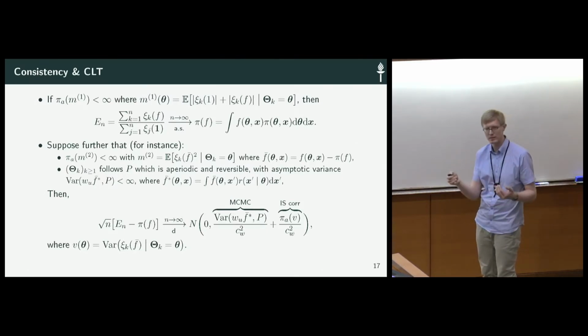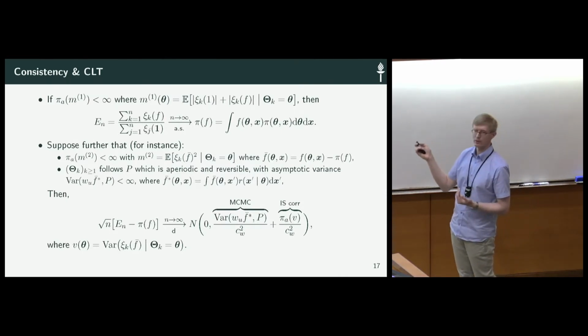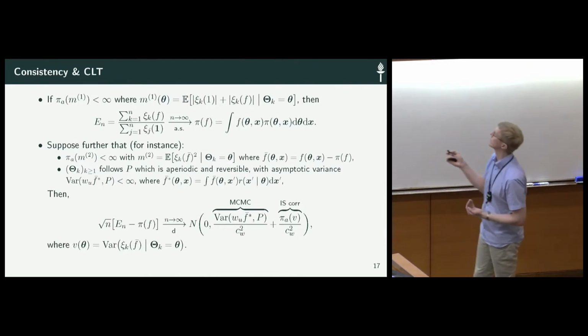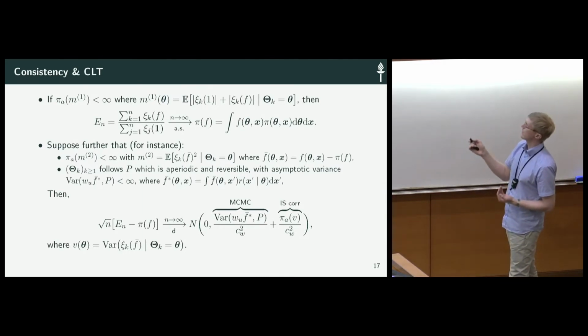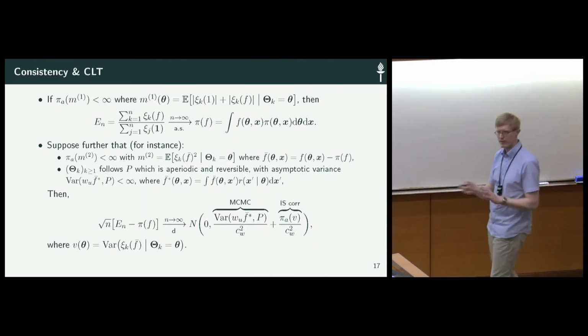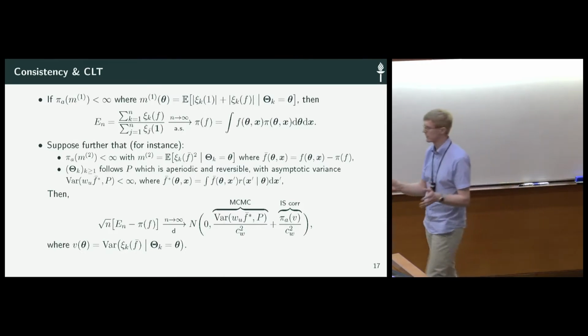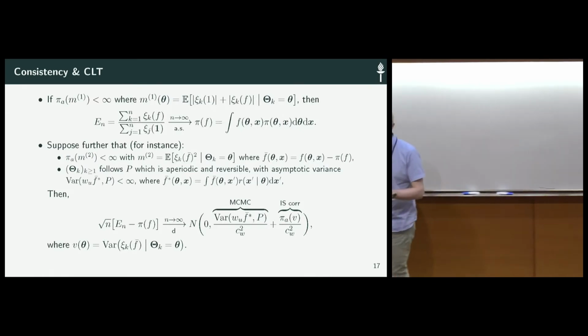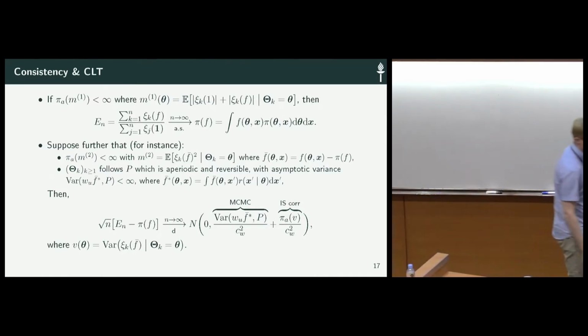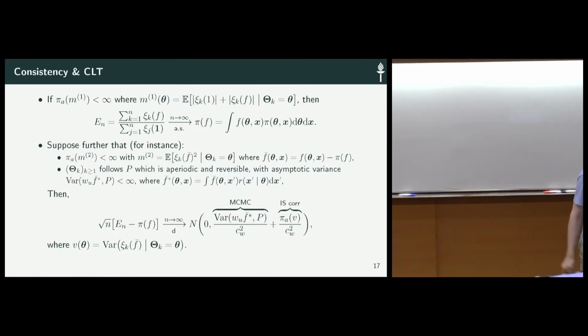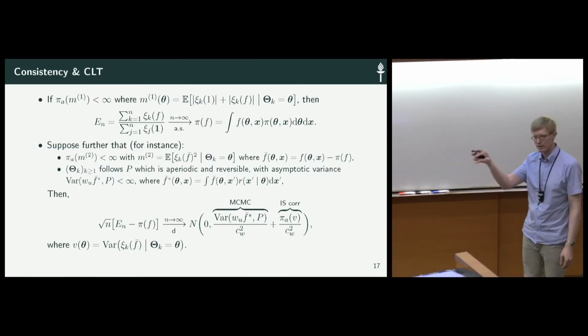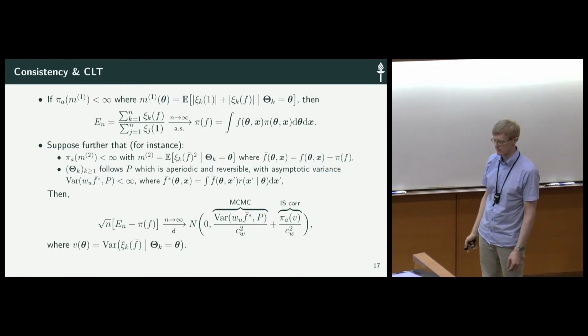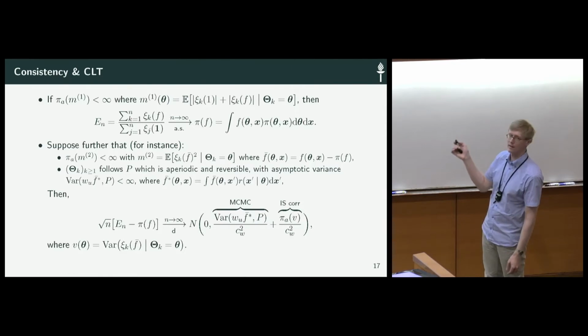So if your MCMC is badly mixing, this will be large. If you thin, you can make this smaller. And this part corresponds to the variability in your importance sampling correction. Like in a particle filter, the marginal likelihood approximation is often good, but it's not exact. So you have some fluctuations there, and they show up in this part.